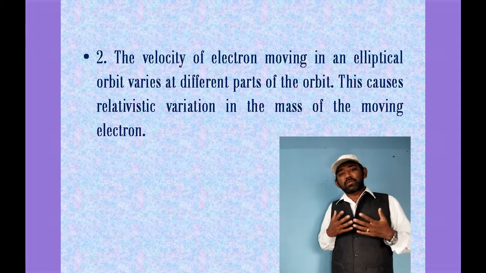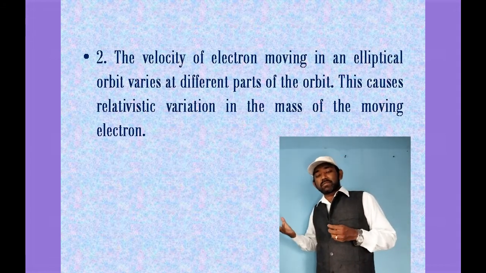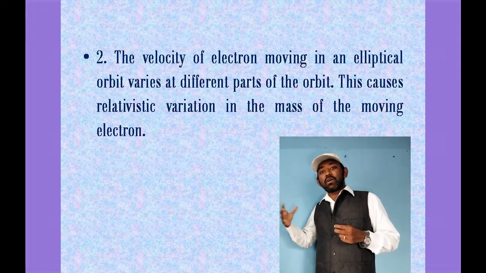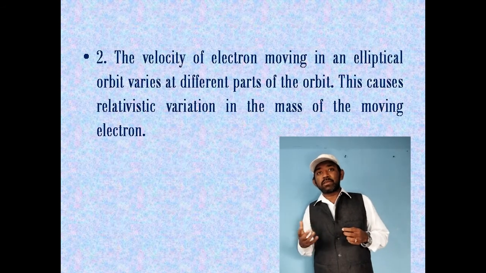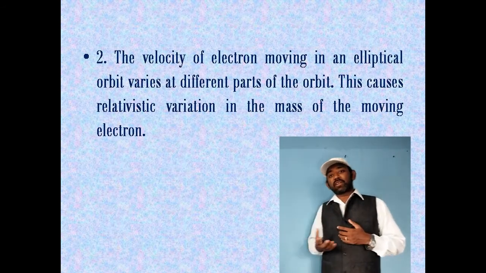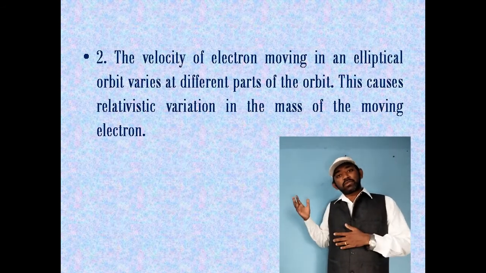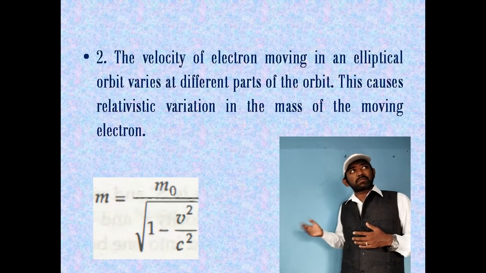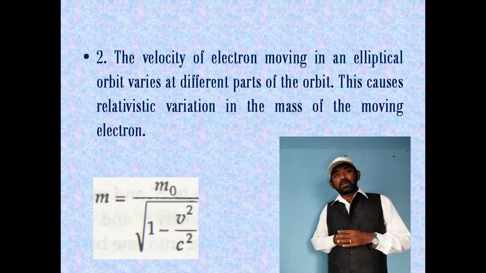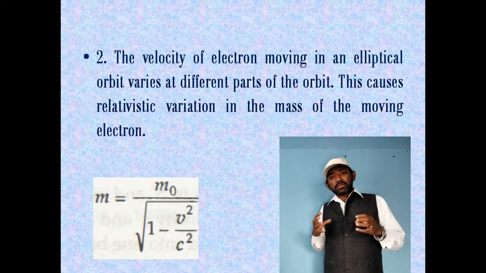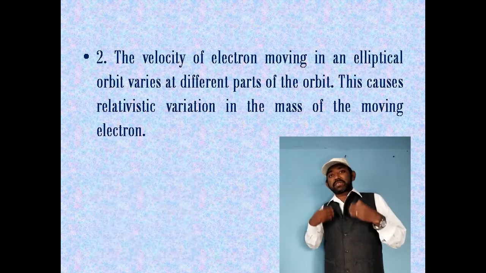To explain this, he introduced relativistic concepts. The variation of mass can be explained using the special theory of relativity, that is m is equal to m naught by root of 1 minus v square by c square. So he introduced the concept of relativistic mass.